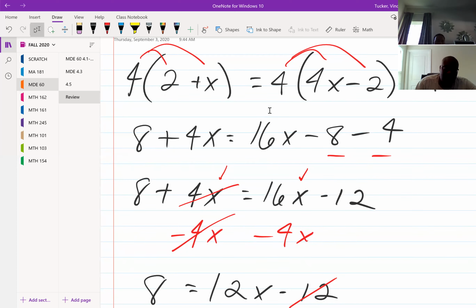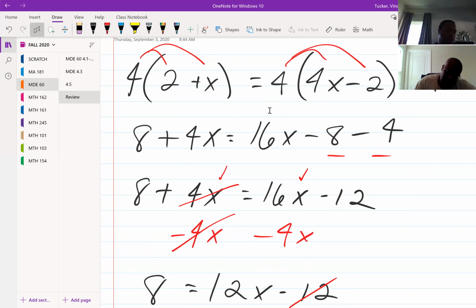Then always start from left to right, right? I'm about to combine like terms. Yep, if you have like terms to combine. So negative 16 subtract from 4x on the left?